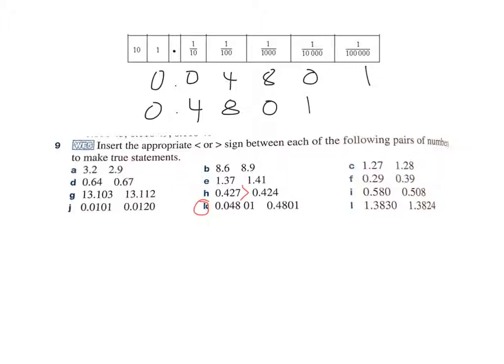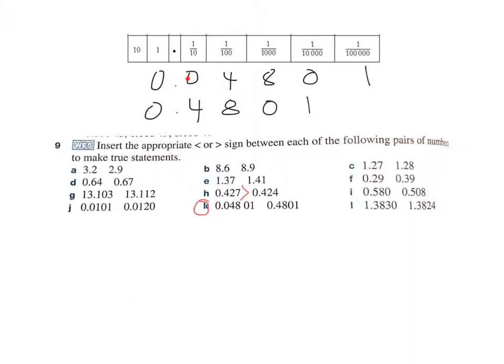Okay, so this question is pretty easy because we know that the first place value is the 1, so they're the same, 0 and 0. And we don't even need to worry about the rest of these numbers here because the next place value, the tenths, we can see that there's different numbers here.